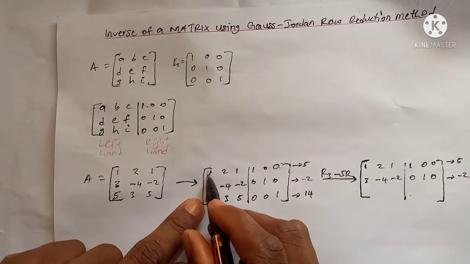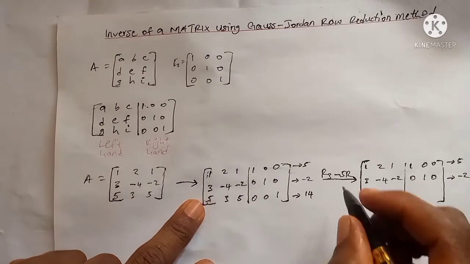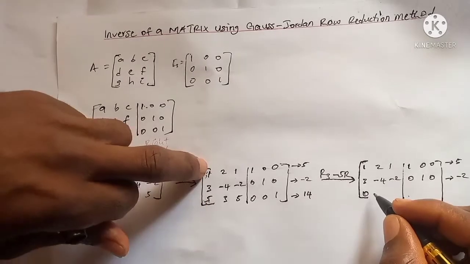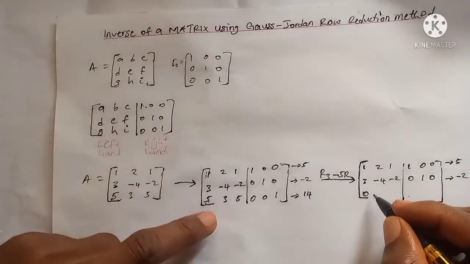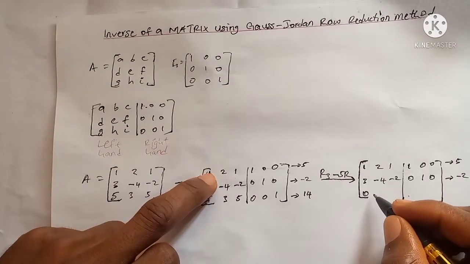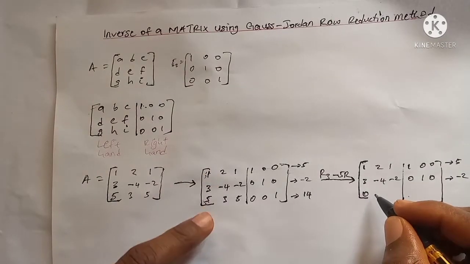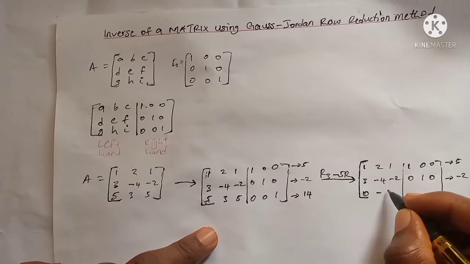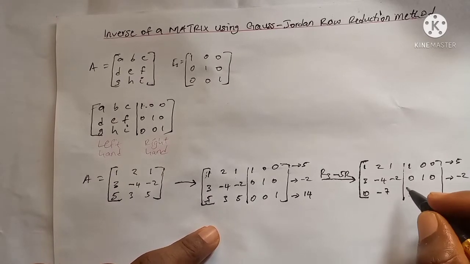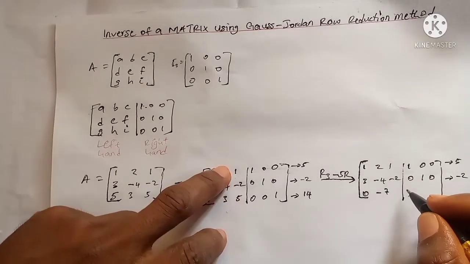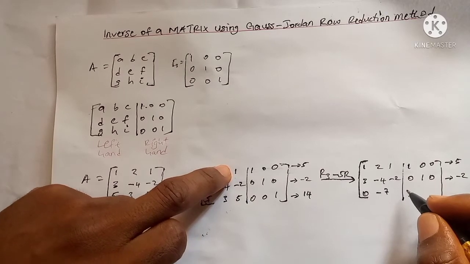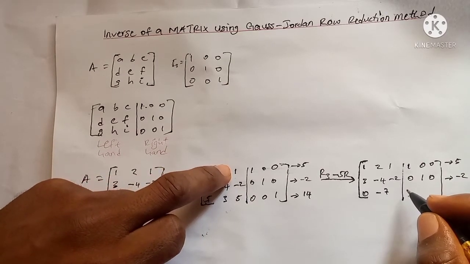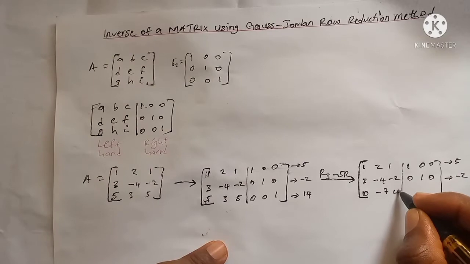Let me come back here now. 5 minus 5 times 1 will give us 0 here. Next, 3 minus 5 times 2 is the same thing as 3 minus 10, which will give us minus 7. Then next is 5 minus 5 times 1, which is 5 minus 5, giving us 0.